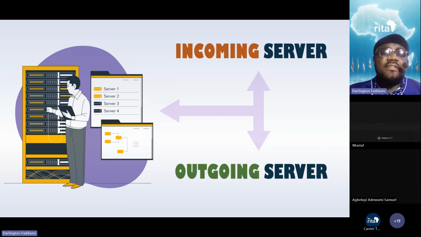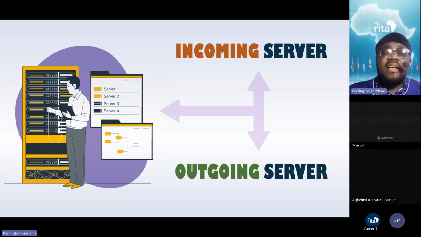Let's put the file server and the database server aside, and let's focus on the email server. Focusing on the email server, we are learning that the email server performs two functions. The email server has two main functions.